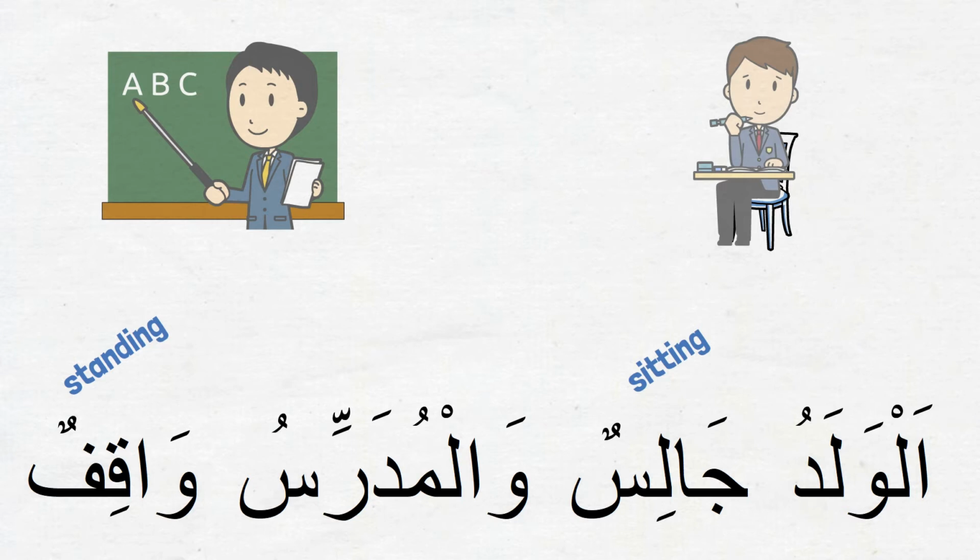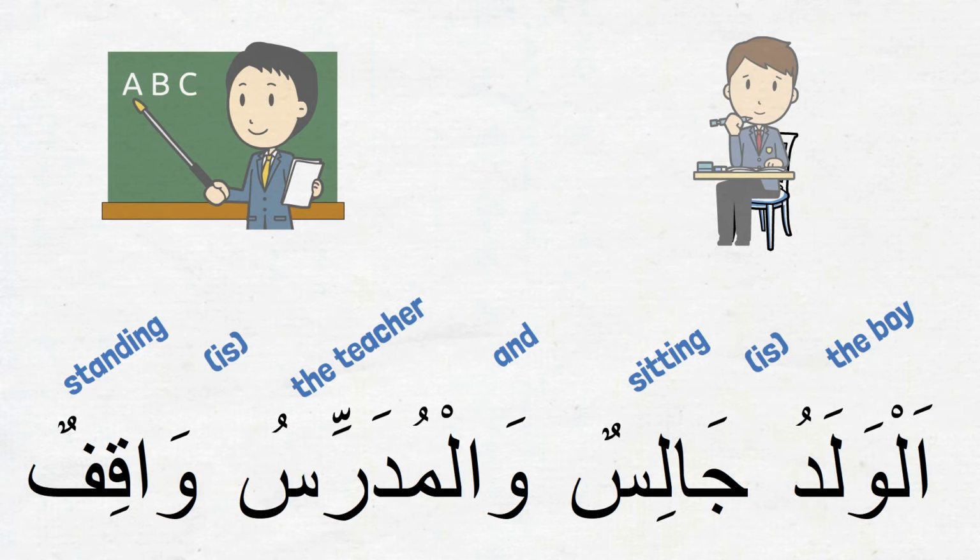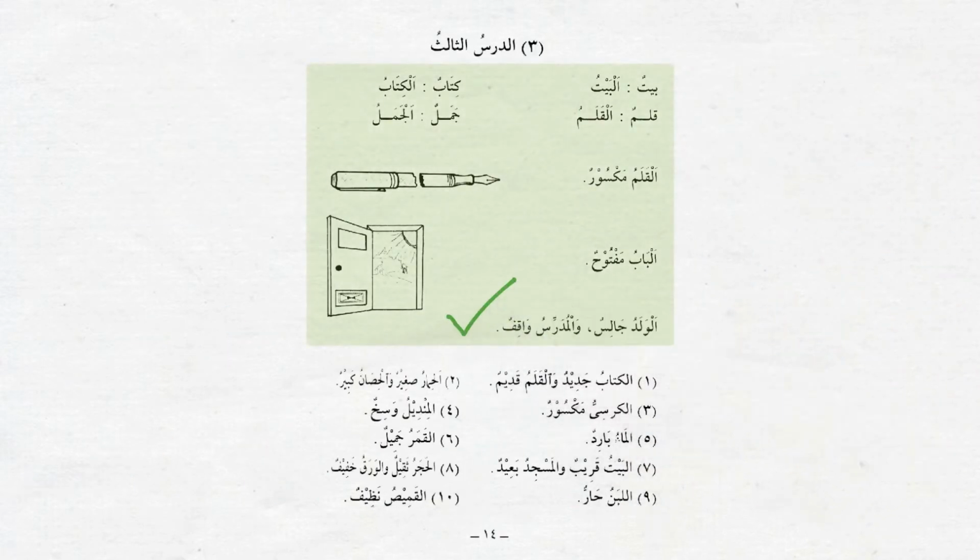So, al-waladu jalisun wal-mudarrisu waqifun means the boy is sitting and the teacher is standing. Here again, the speaker and the listener must have talked about the boy and the teacher before, so both of them know which al-waladu and al-mudarrisu they are talking about. Now we are done with the top half of page 14.